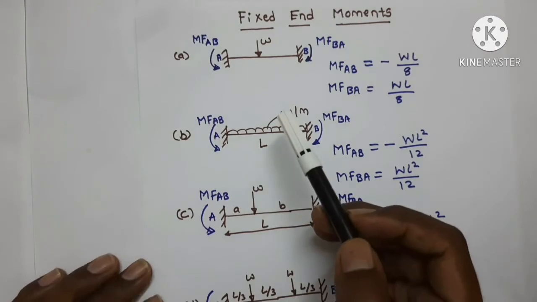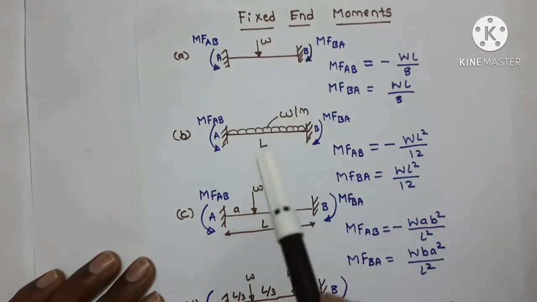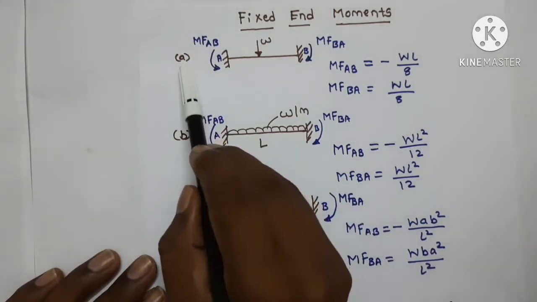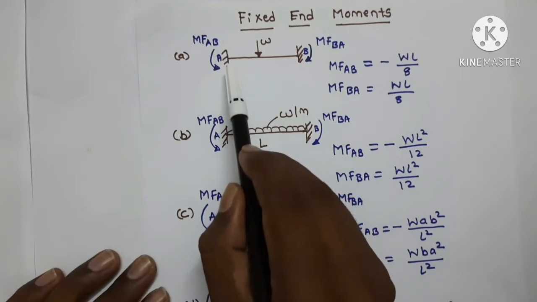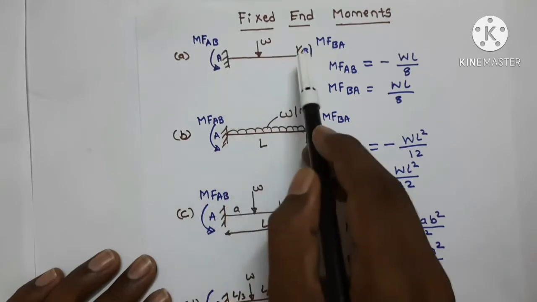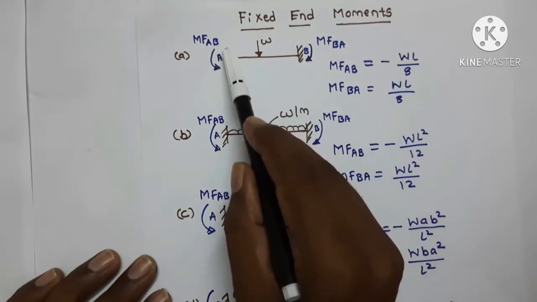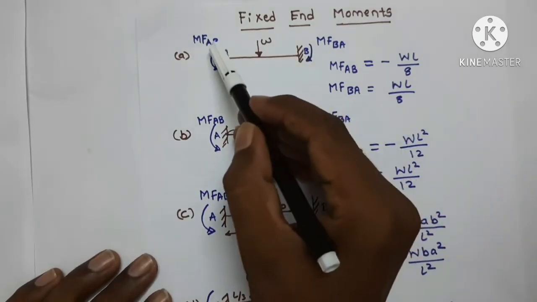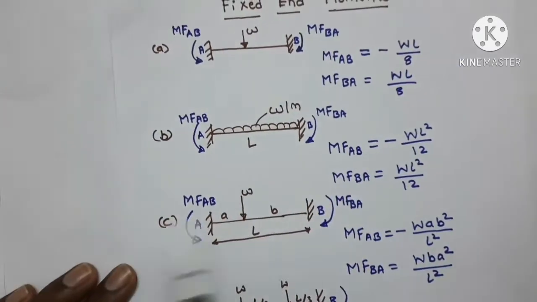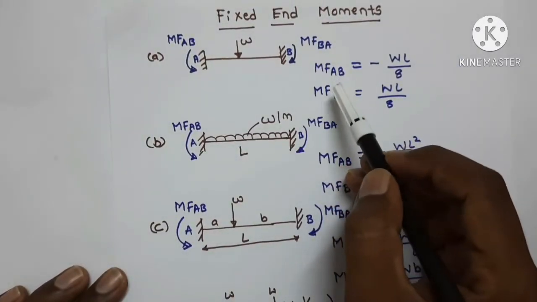Yes, next condition. As we are discussing fixed end moments, some basic examples or basic conditions are there. First, if a point load is acting on a beam and fixity is applied on both the ends, if this is MFAB and this is MFBA, how do I write the fixed end values?